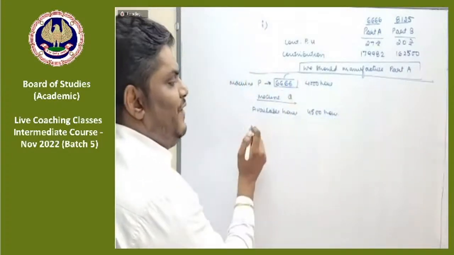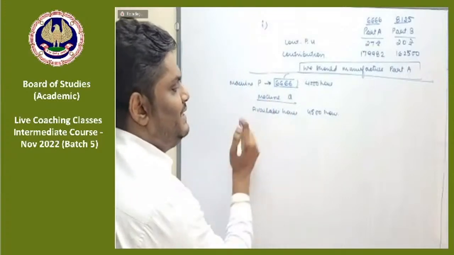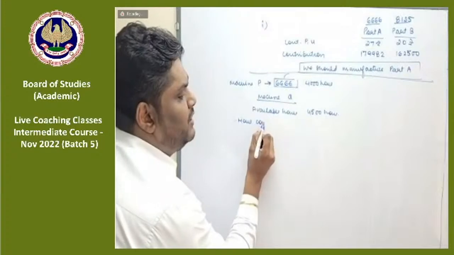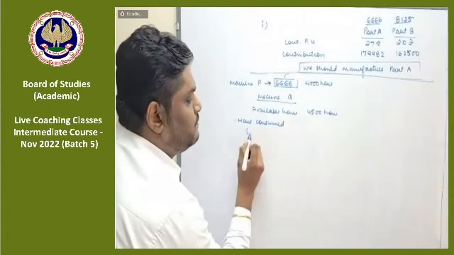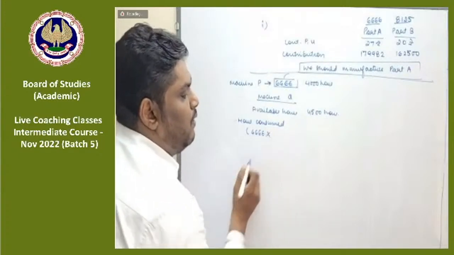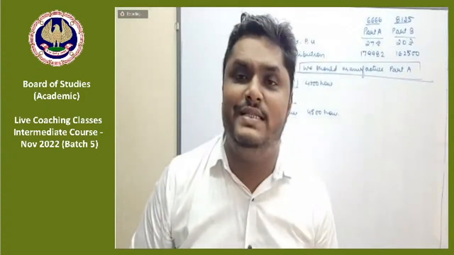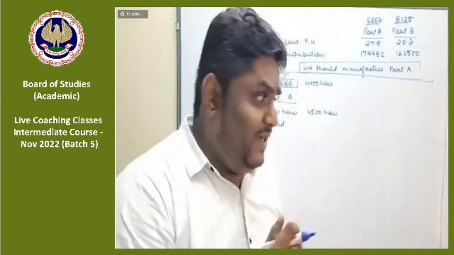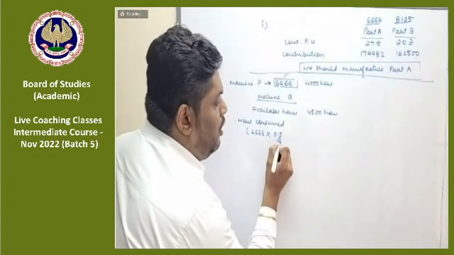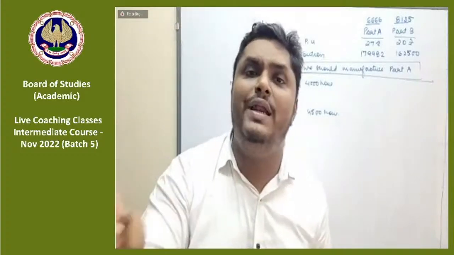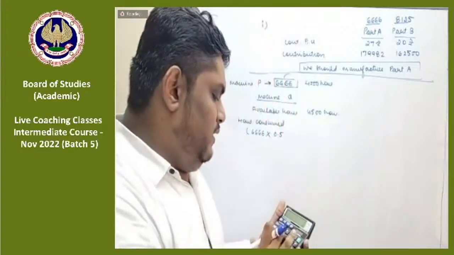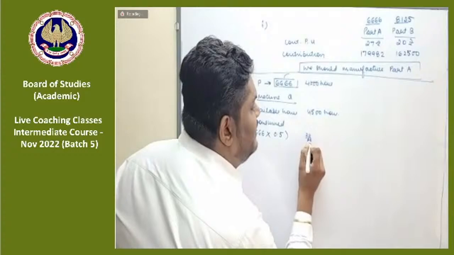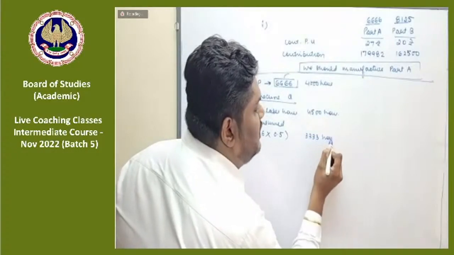And since we are manufacturing only 6,666 units, how many hours are consumed? One unit takes 0.5 hours only. So only 3,333 hours were utilized for machine Q.